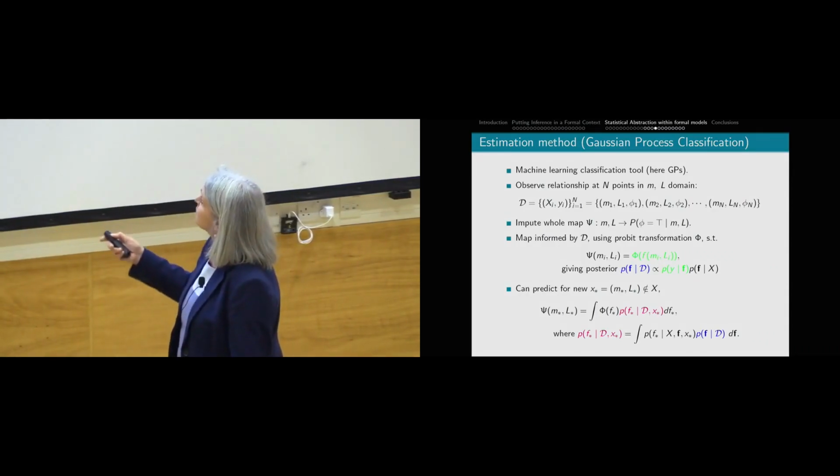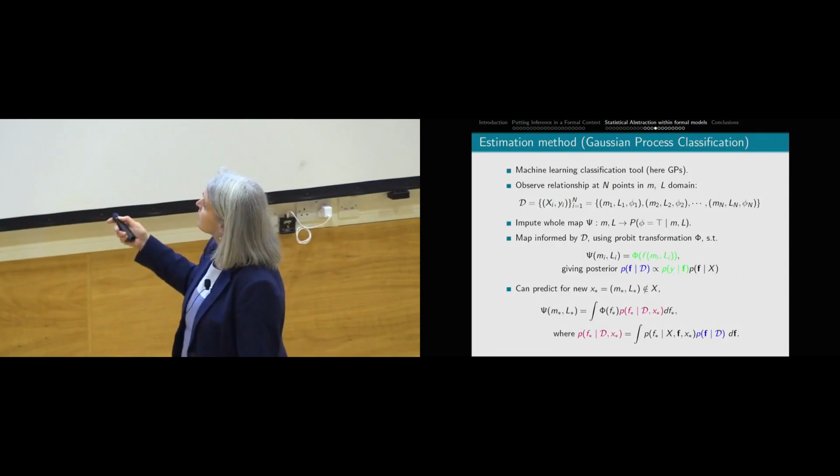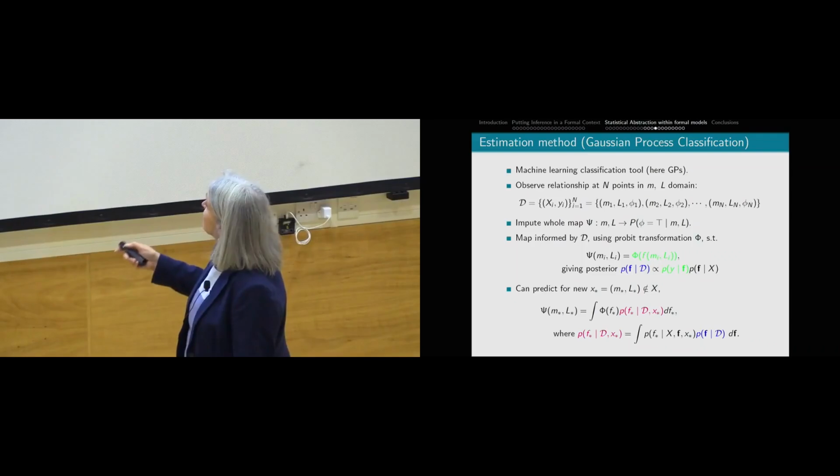Okay? And then once we've built that function, when we encounter a new value, say M star and L star, we can just use the value here, which is built on our function.